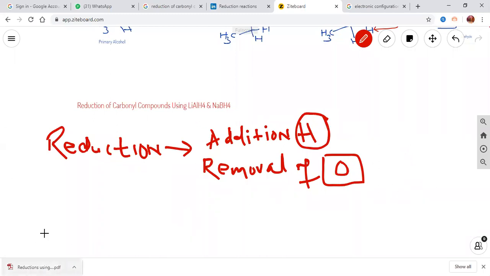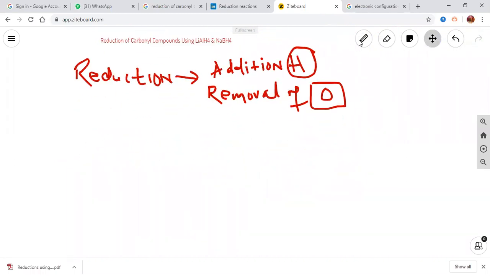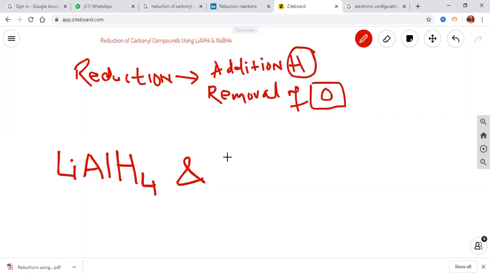We'll see the differences between lithium aluminum hydride and sodium borohydride.